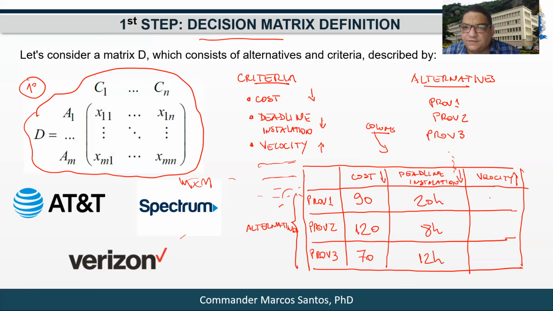And lastly, velocity, we have 80 megas, 100 M, and 90 M. So we have the decision matrix, and I finished the first step with the decision matrix, fulfilled, you know?